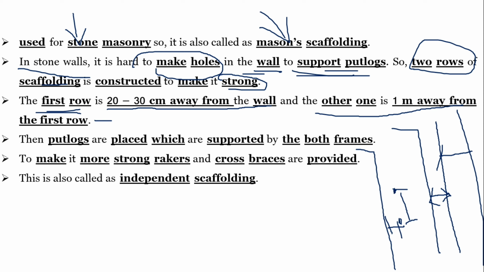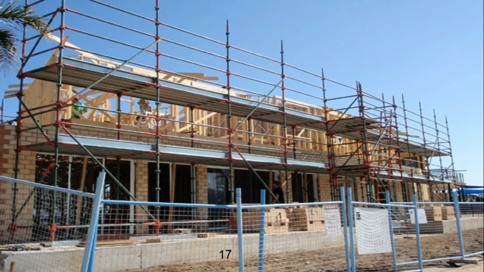Now, as we saw in the earlier stage, the butt log is not fixed into the wall, and because of that reason it is also called independent scaffolding. Now, the best example suited is the given figure.